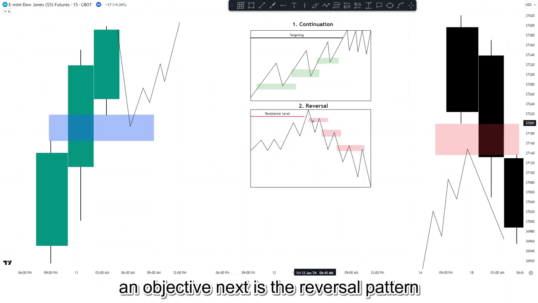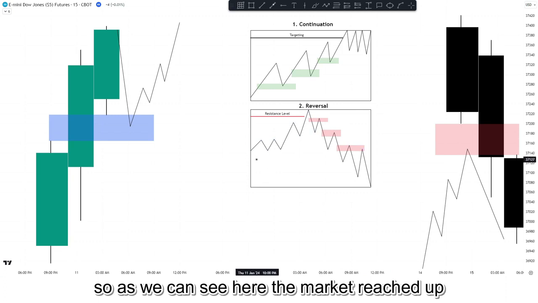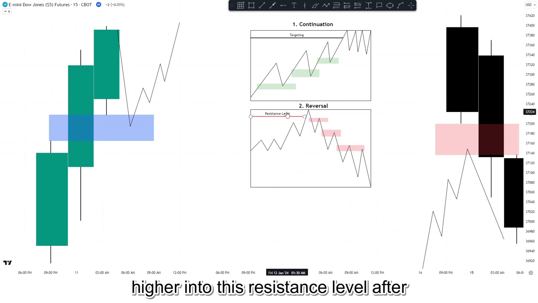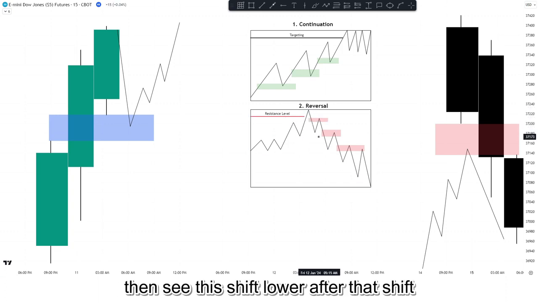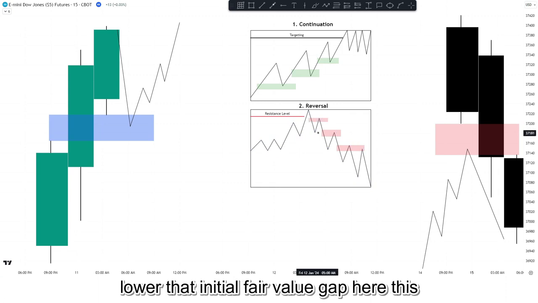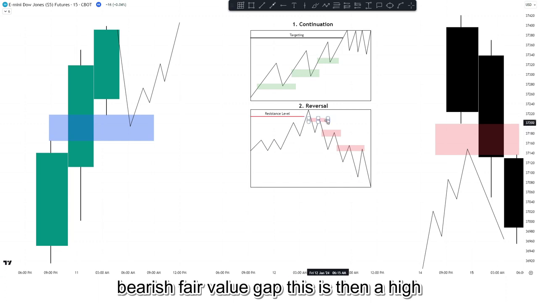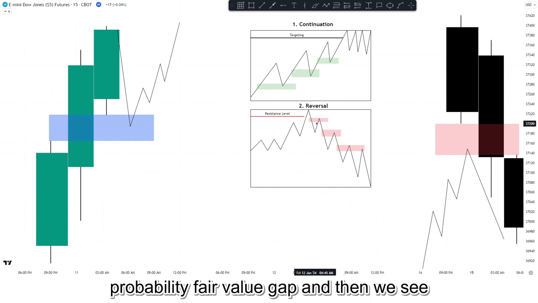Next is the reversal pattern. As we can see here, the market reached up higher into this resistance level. After reaching up into this resistance level, we then see this shift lower. After that shift lower, that initial fair value gap, this bearish fair value gap, is a high probability fair value gap.